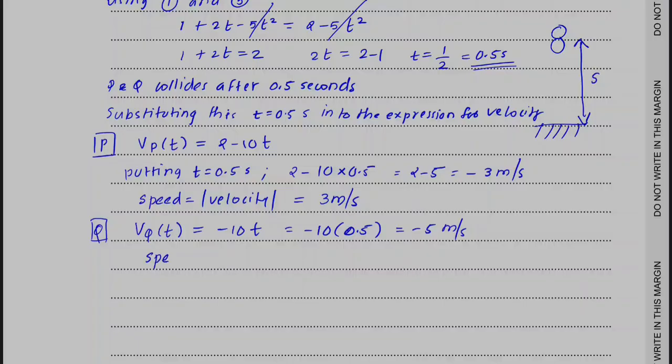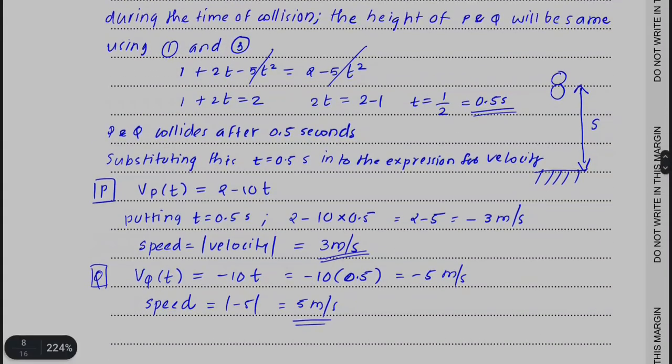Again, the speed is equal to the magnitude of minus 5, which is equal to 5 meter per second. So we got the final answer, 3 meter per second and 5 meter per second. These are the velocities just before the collision. So this is how we solve this problem.